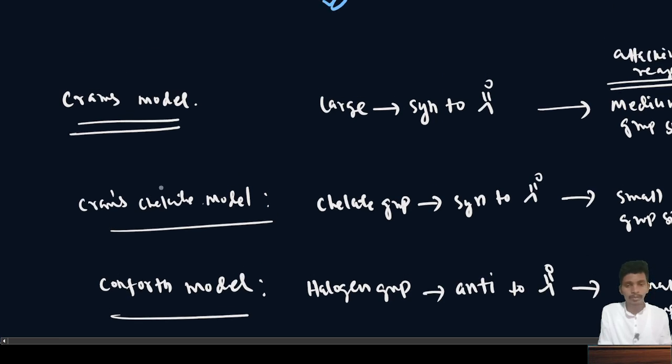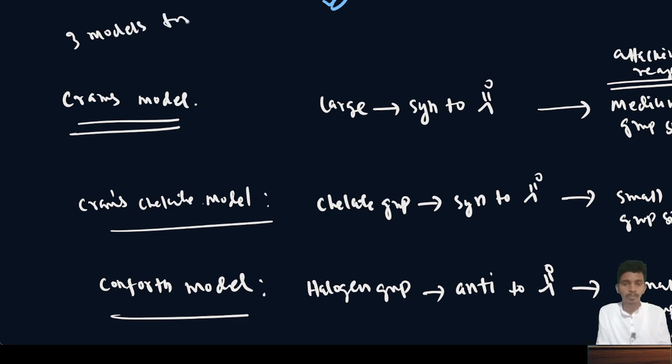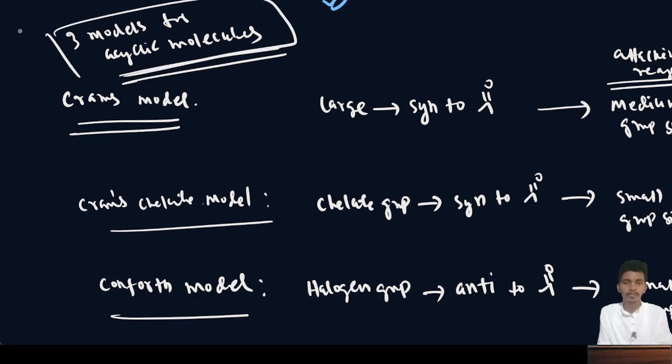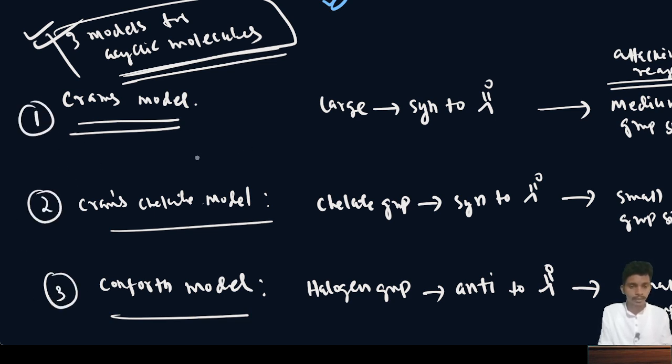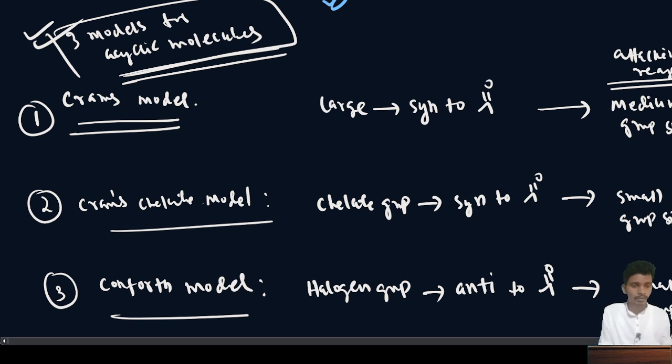This is the whole thing about these three models for acyclic molecules. For acyclic molecules, we will use these three models: one is Cram's model, another is Cram's chelate model, another is the Comfort model.